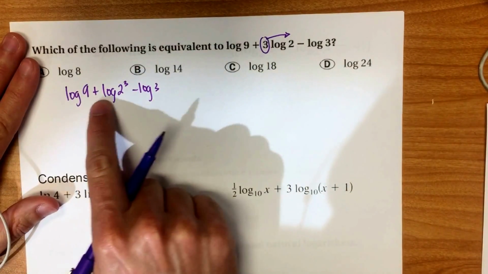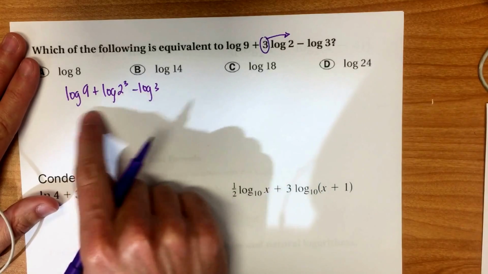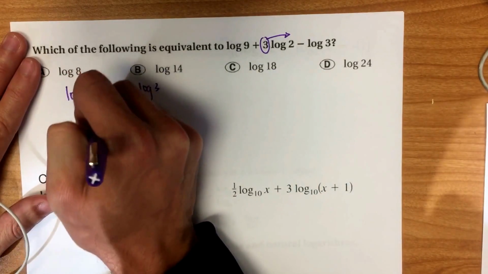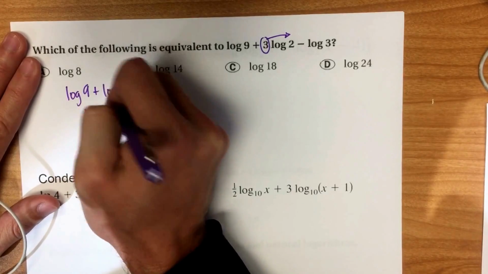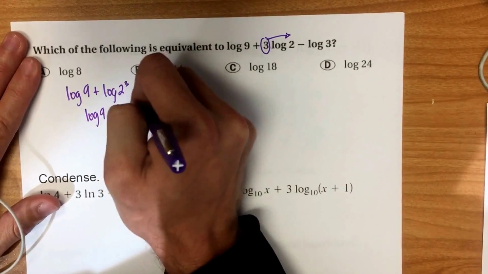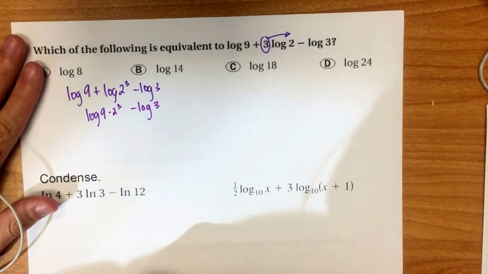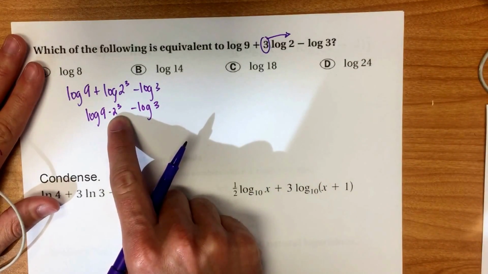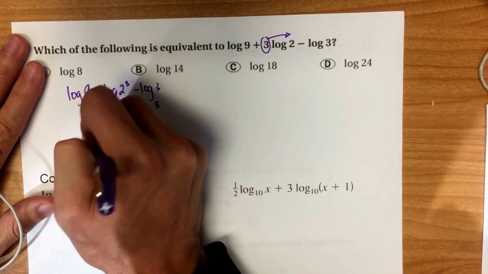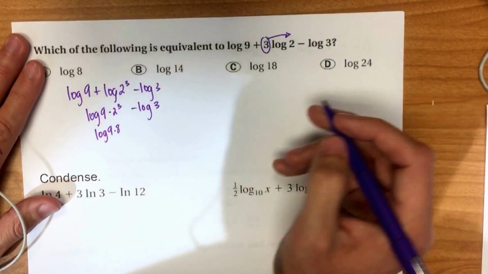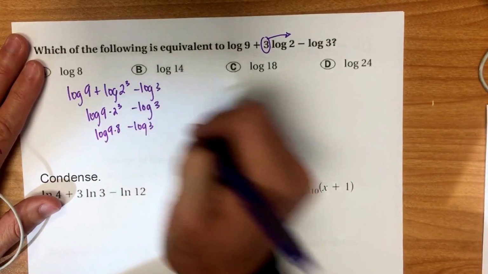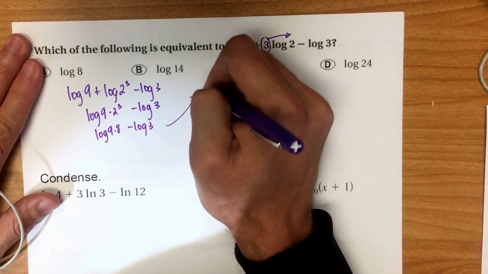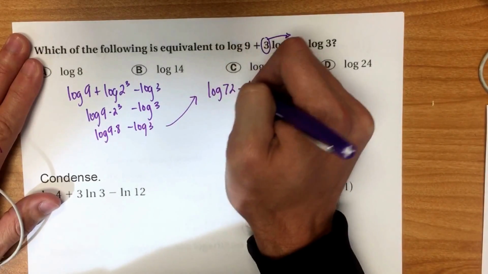These two terms here are added together, which means that when I mush them back together, I'm going to multiply the insides. So that's log 9 times 2 cubed minus log 3. Now doing some evaluations, 2 cubed is 8. So this is actually log of 9 times 8 minus log 3. If we multiply those together, that's log 72 minus log 3.